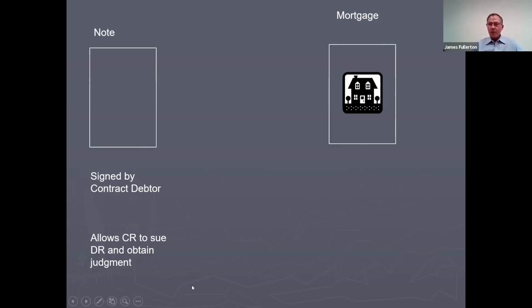That's what I refer to as security. This is an unsecured promise to pay. This is a security interest. It's signed by the property owner.